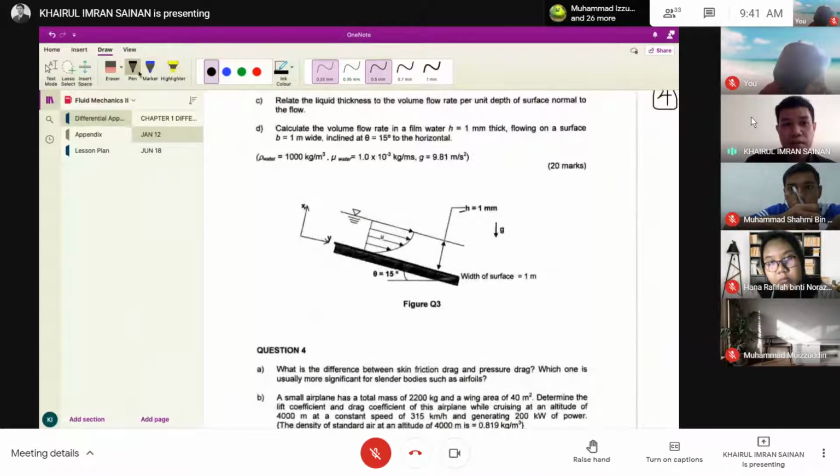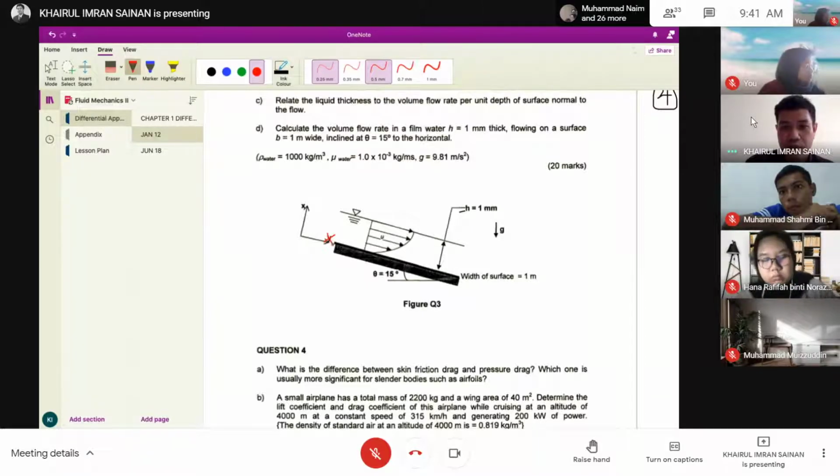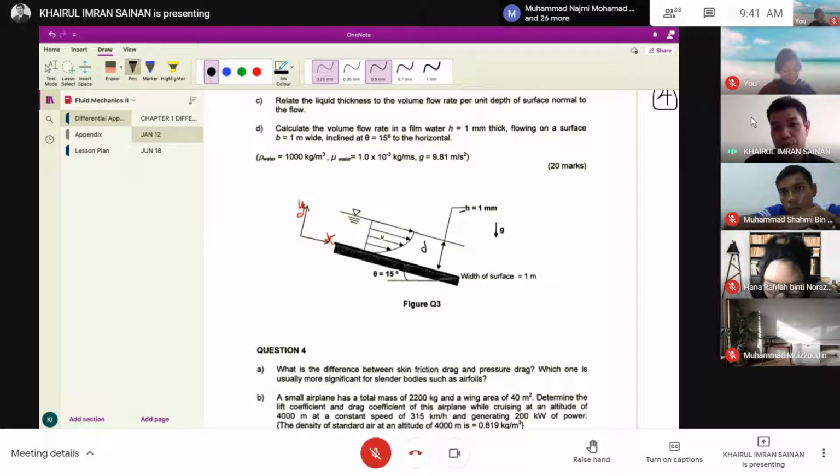Okay, for this exam question, something is wrong there. This one should be x, and this one should be y. So your component velocity is still u. And also, bear with me because of my pen problem.